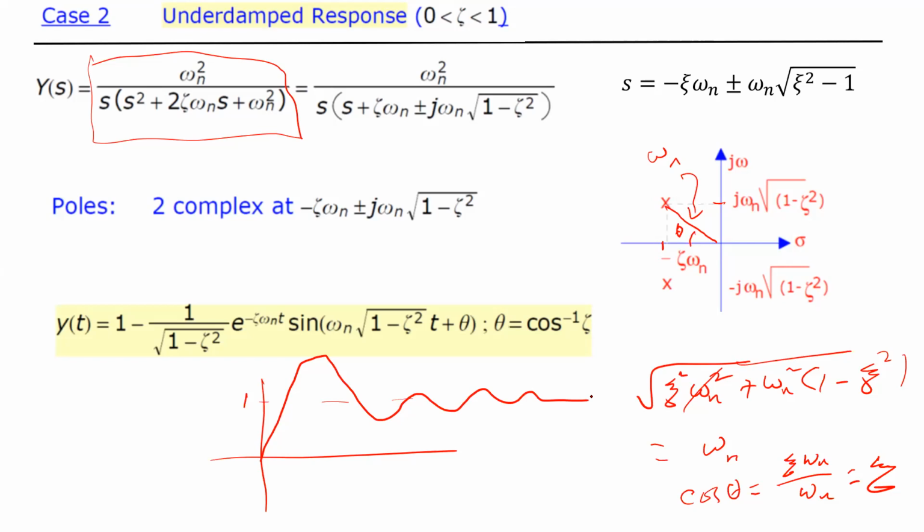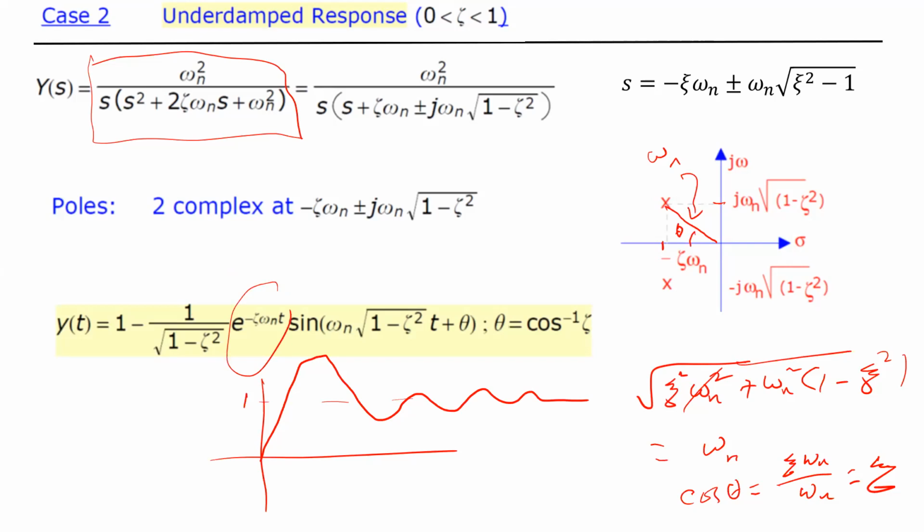This is what we call the underdamped response, where I will overshoot my response and then I will oscillate. Because look, as time goes to infinity, the exponent will go to 0, and this term will go to 0. I will have only one.